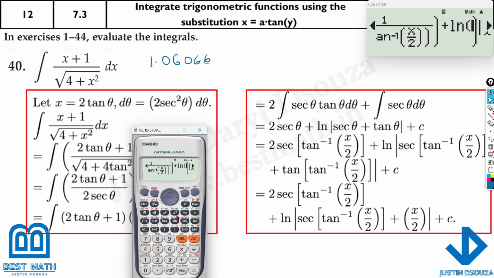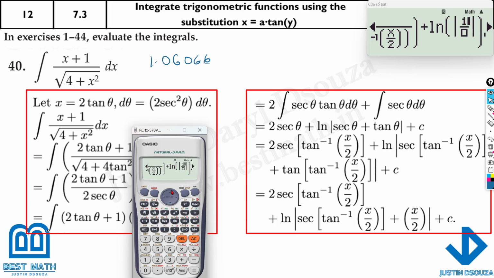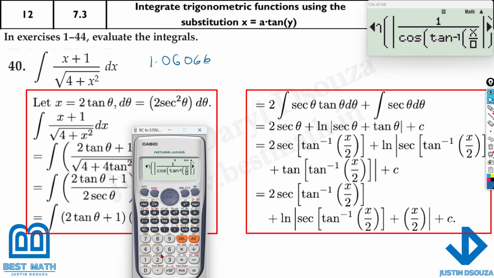Plus natural logarithm of what exactly? Here, absolute value first. Shift and hyp of secant. That means, again, we need to use 1 divided by secant, that is cosine, 1 by cosine, tan inverse x divided by 2. Now we have to close the bracket twice.